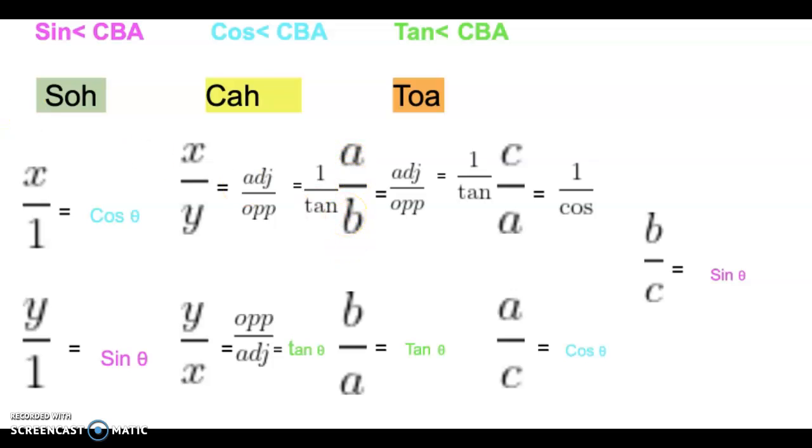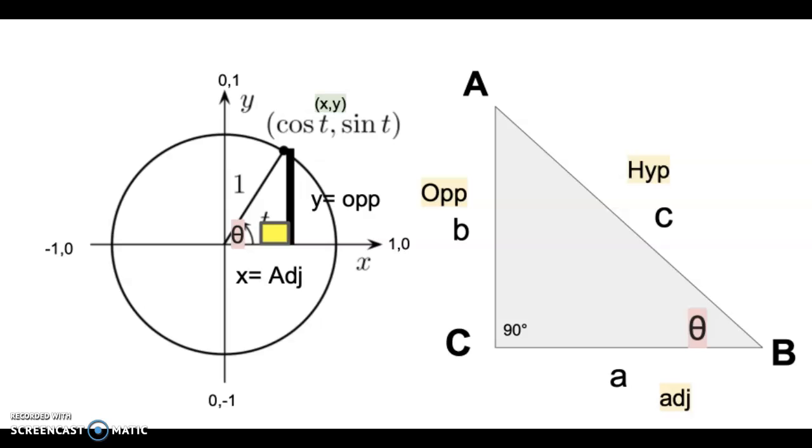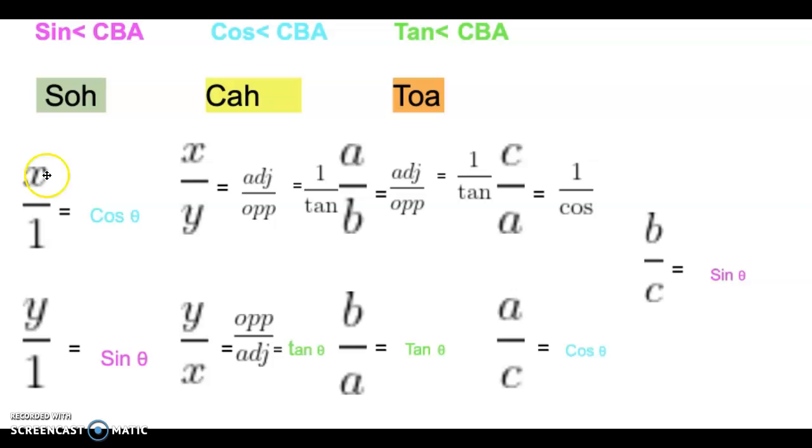Now we're switching to the right triangle, where a is adjacent to theta and b is opposite. So adjacent over opposite is a reciprocal of opposite over adjacent, so it is the reciprocal of tan.